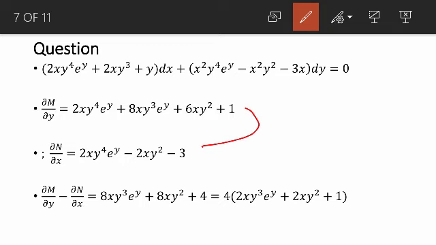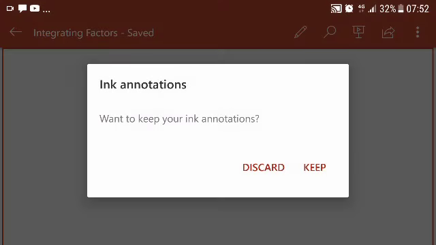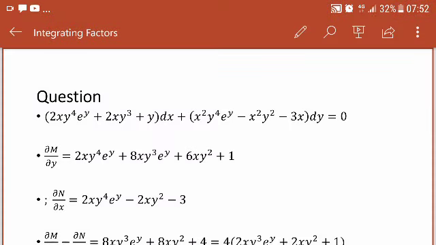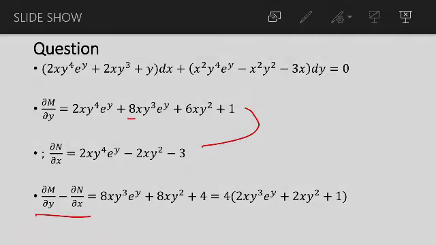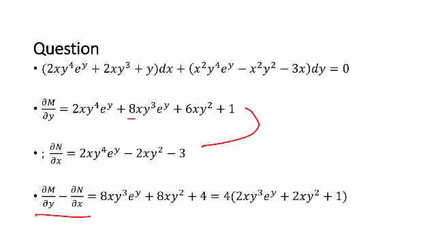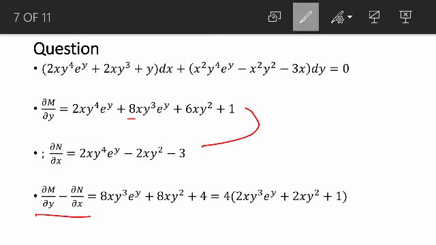So the best way is to find a suitable integrating factor that can make it exact. The way we can do that is by subtracting the partial derivative of m with respect to y minus the partial derivative of n with respect to x. If we subtract this minus this, I think this should cancel this, okay?